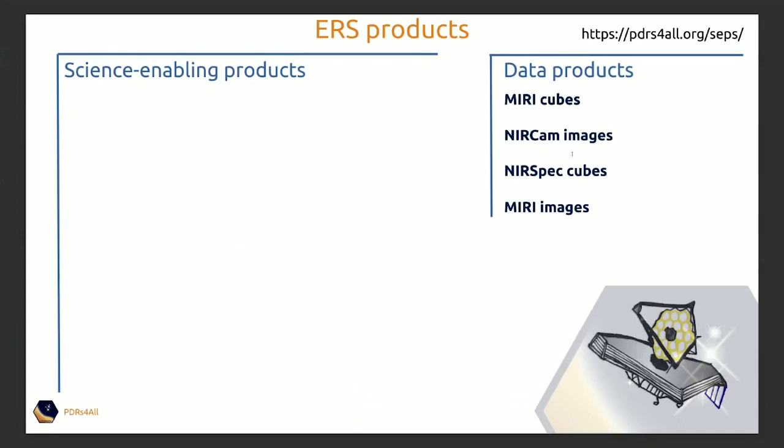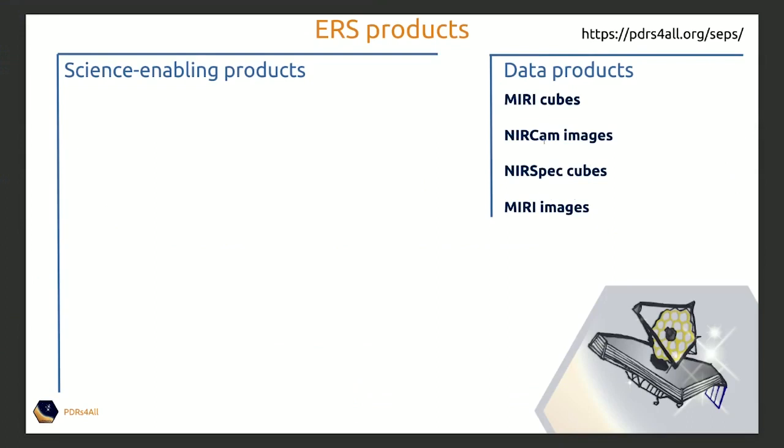The NIRCam images will be fully calibrated mosaics, and we hope to cross-calibrate them with the spectroscopy. The NIRSpec cubes will also be given in a fully reduced format, and the same applies to the MIRI images, and also we wish to cross-calibrate these MIRI images.